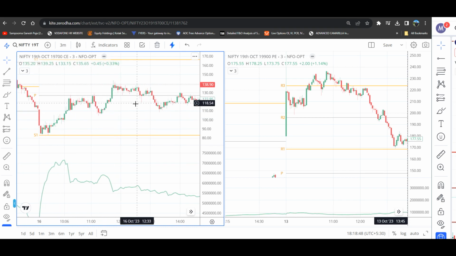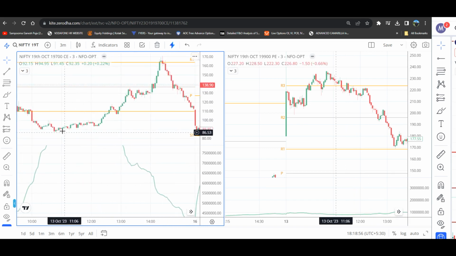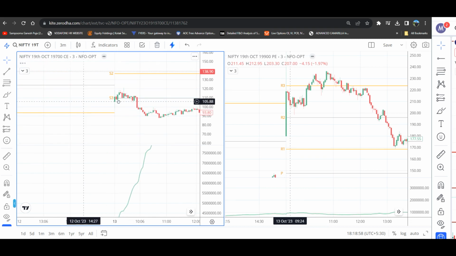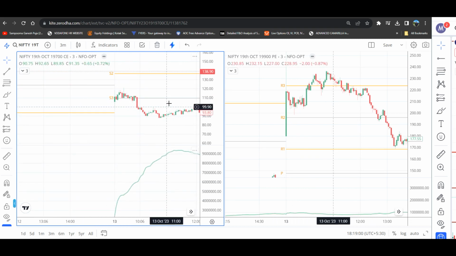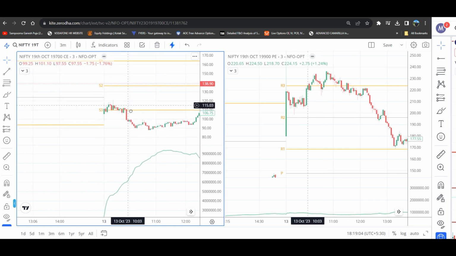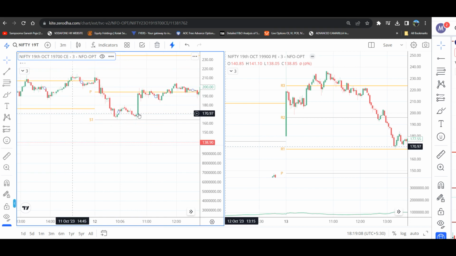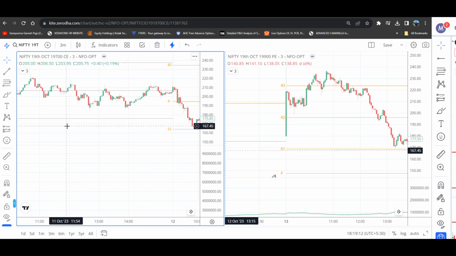And generally pivot point is something where the price will generally consolidate and then revert. So basically what happens is the price will generally move between these two zones, which is the S1 and pivot, or R1 and pivot. Okay, so these are the two places where the price will generally consolidate on the options front.